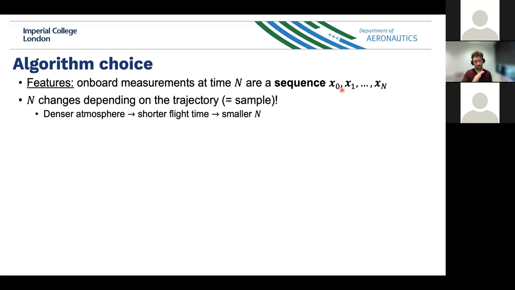And so we have essentially a sequence of measurements from 0 to n, where n is the current time. Of course, the particular time in which we have the measurements changes depending on the trajectory. For instance, if we happen to have a denser atmosphere, the flight time will be shorter, and the number of measurements will be smaller.